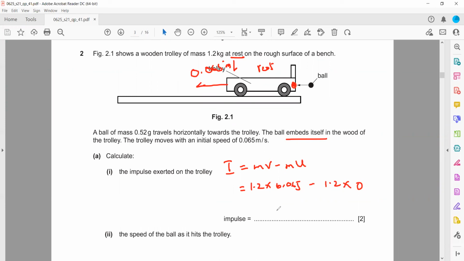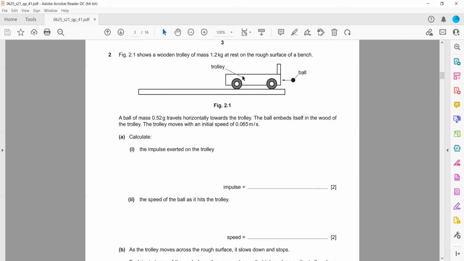Then the speed of the ball as it hits the trolley. When two objects collide, they will have the same impulse. Impulse of object 1 will be the same as impulse of object 2 whenever there is a collision. Or you can also use the concept that the total momentum before collision is equal to the total momentum after collision. So you can use the conservation of momentum here.